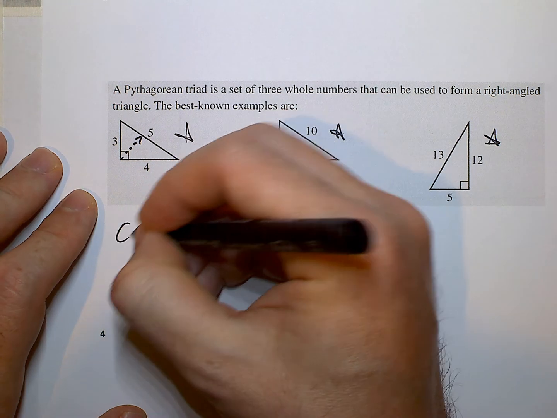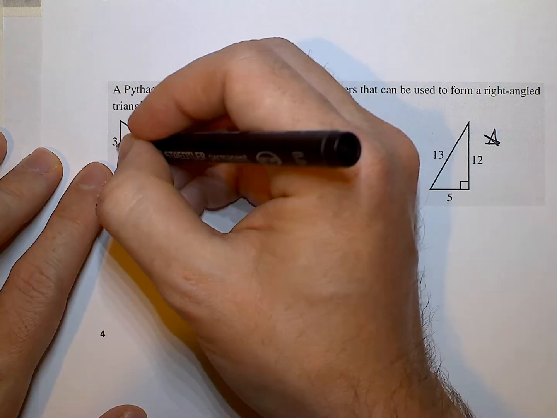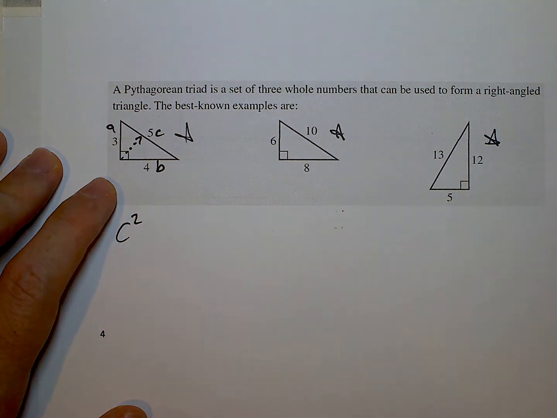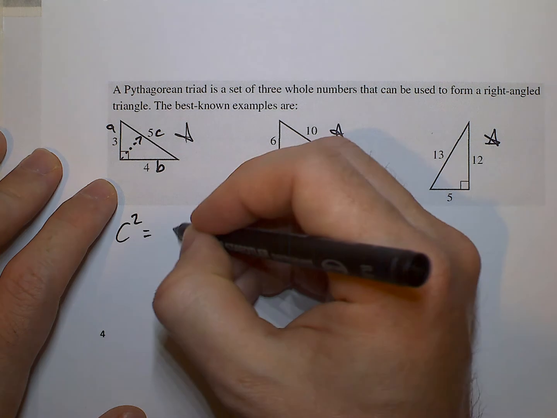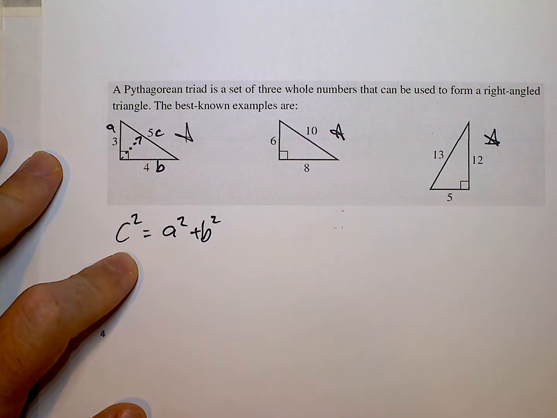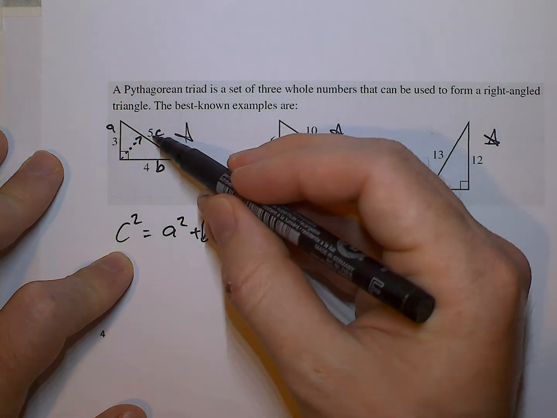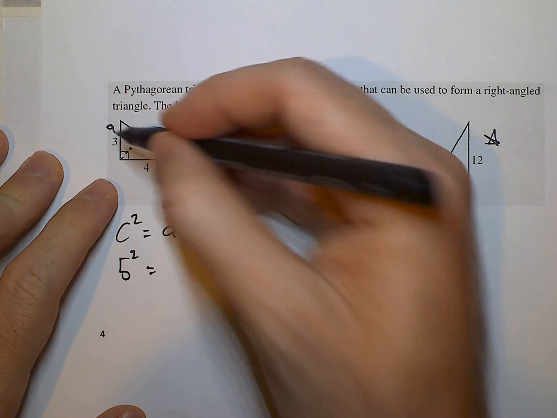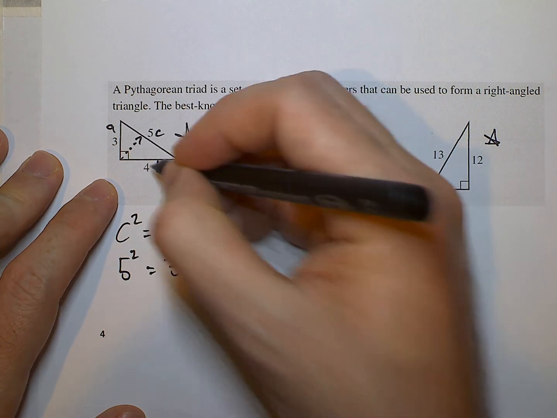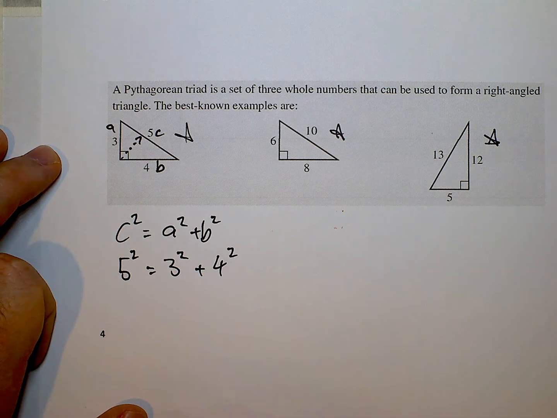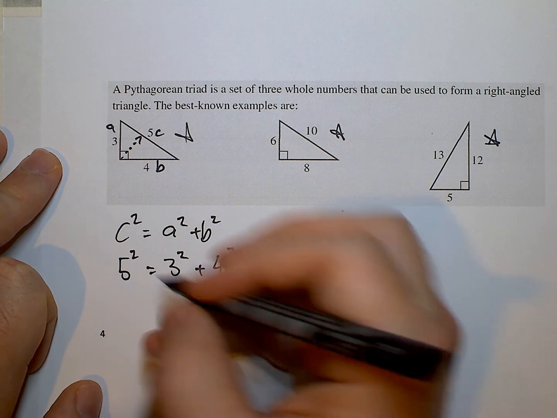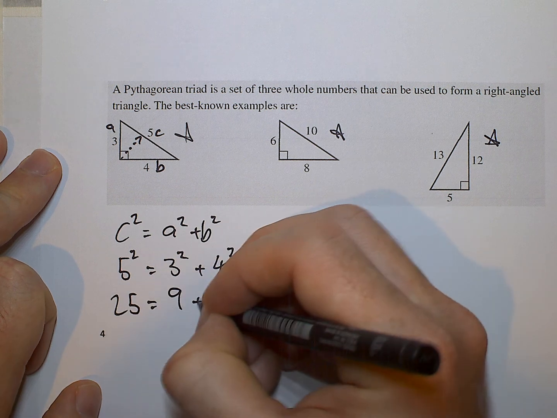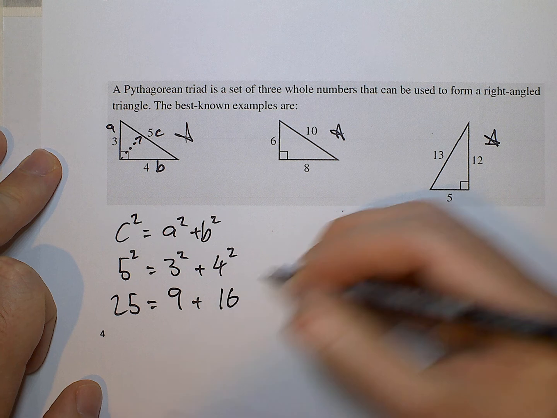Let's say this one is our a and this one is our b for base. If we write Pythagoras' theorem, which is c squared equals a squared plus b squared, what is our c? Our c is 5, so let's put this in. 5 squared equals a squared, which is 3 squared, plus our b squared, which is 4 squared. 5 times 5 is 25, 3 times 3 is 9, plus 4 times 4 is 16.